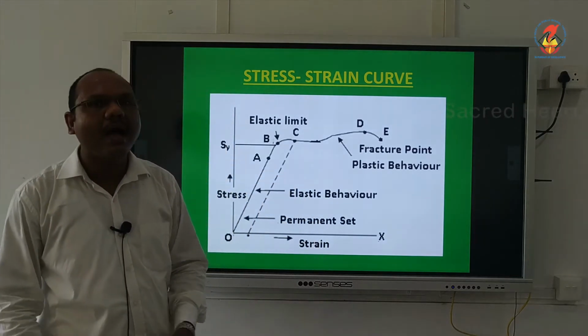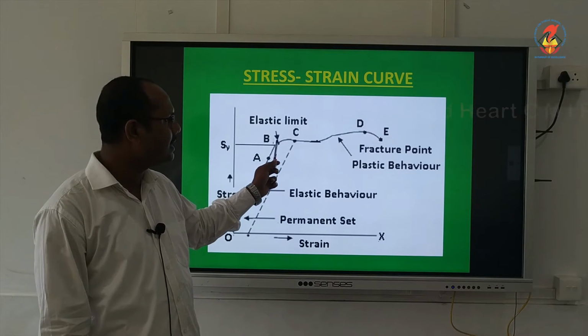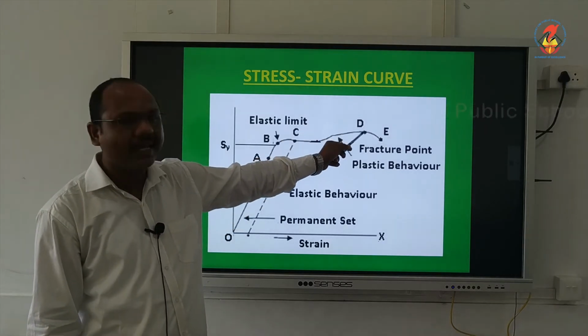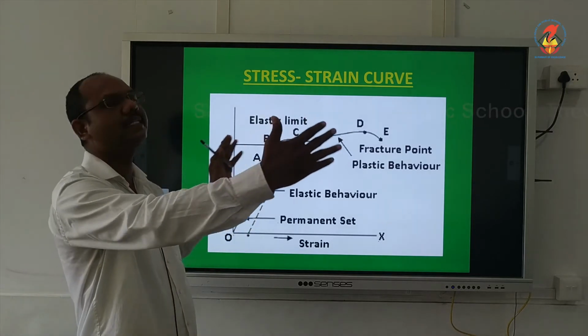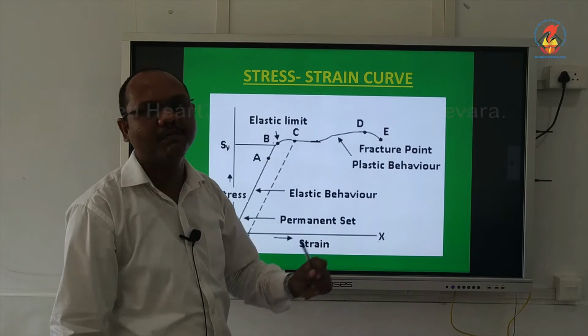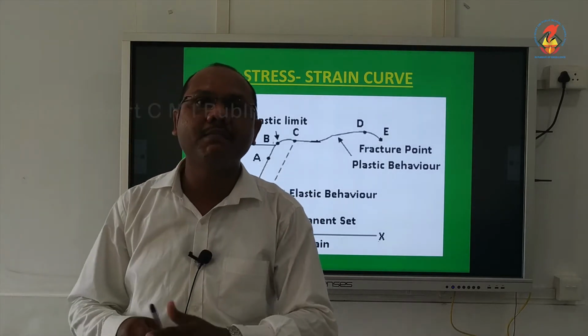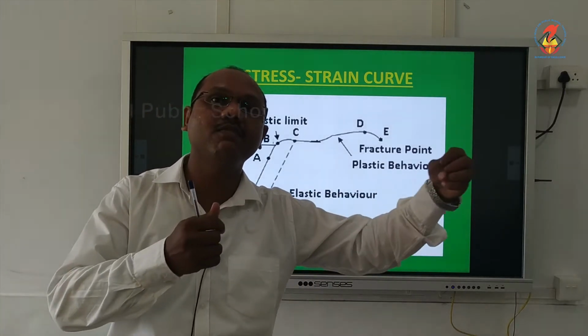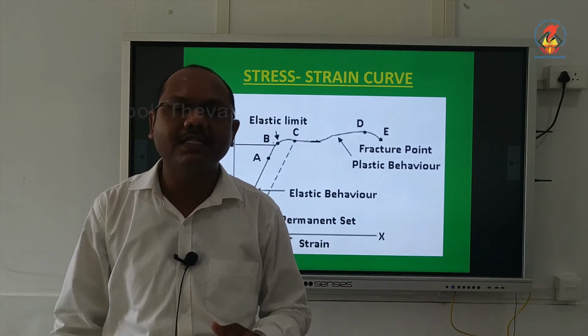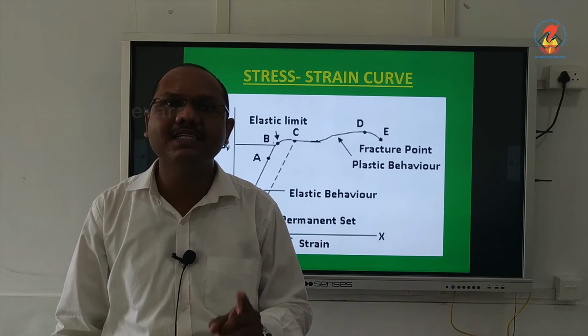So, after crossing the elastic limit till D, if the distance is more, that means after crossing the elastic limit, if the material can be stretched to larger values of strain, then we can say that the material is ductile.